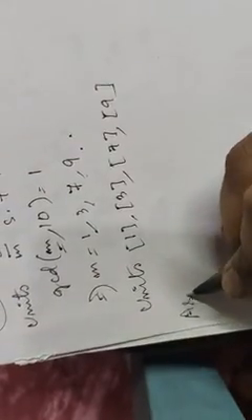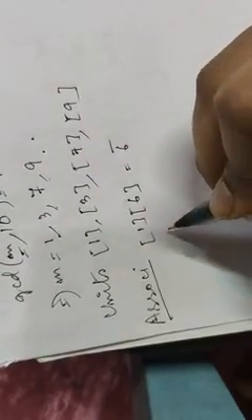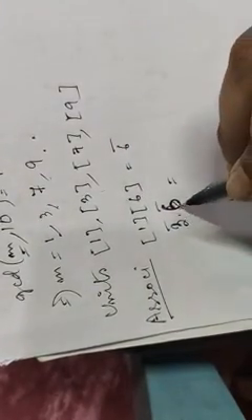So the associates will be class 1 into class 6, that is class 6, then class 3 into class 6, that will be class 18, class 18 means class 8, then class 7 into class 6, so it will become class 42, 42 means class 2, then class 9 into class 6, which will become class 54, class 54 means class 4.